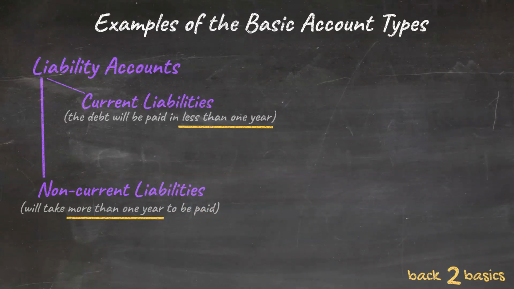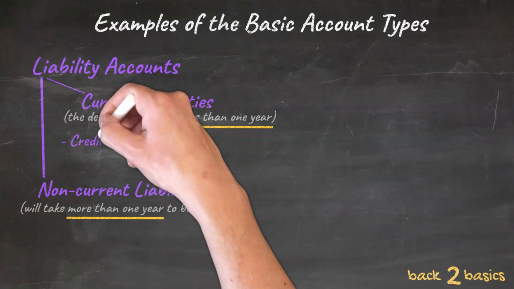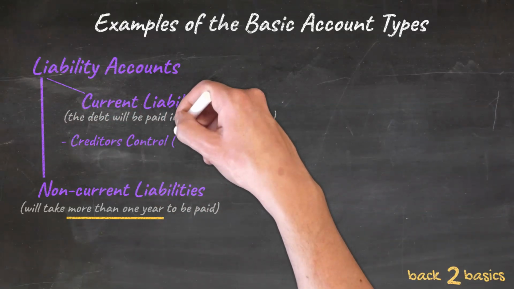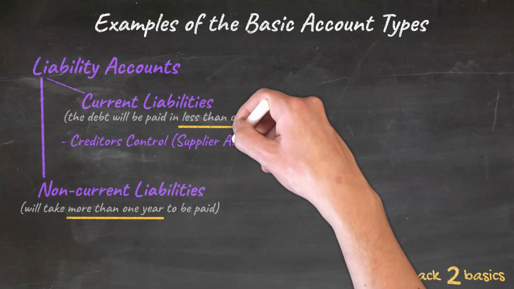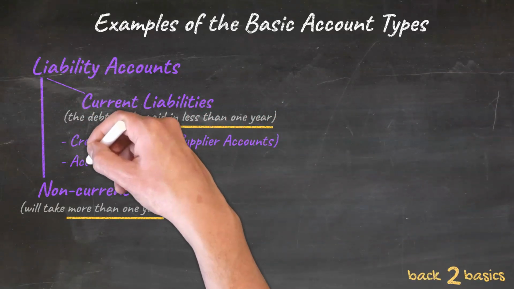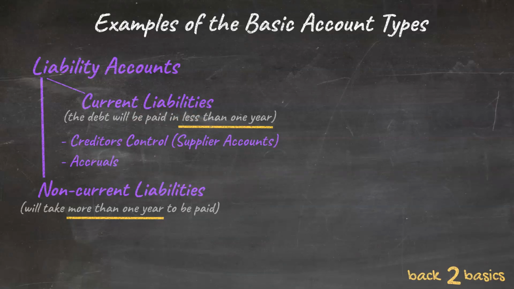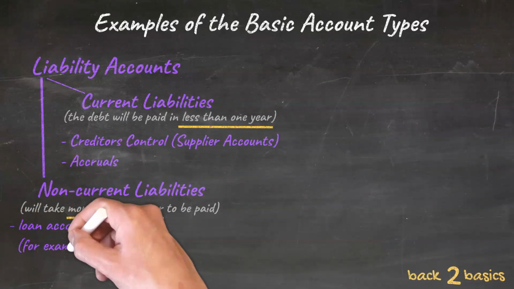The most common accounts used under current liabilities will be creditors control. This is basically your suppliers who supply goods to you on credit, and accruals. And an example of a long-term liability will be loan accounts, for example, a mortgage on a property.